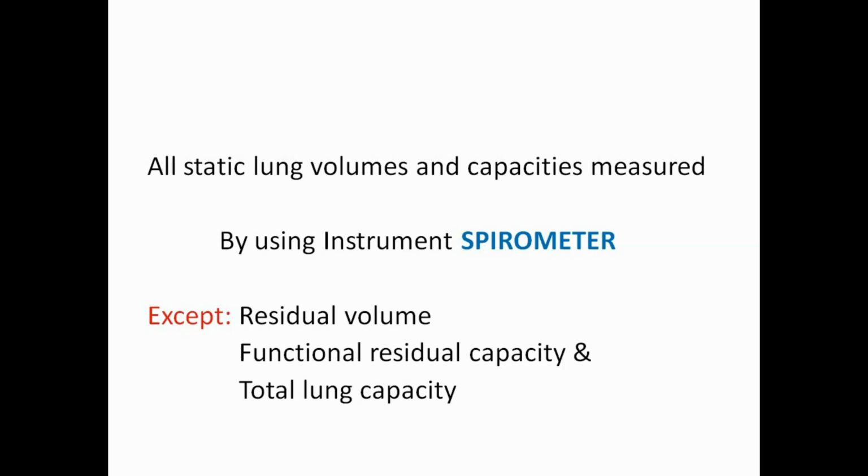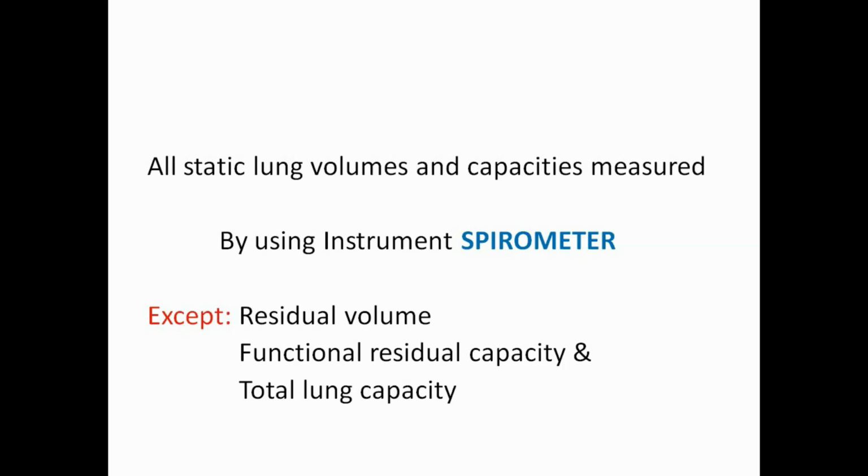Spirometer cannot measure the residual volume because, as we have said earlier, residual volume is always present inside the lungs. Even with forceful expiration, residual volume cannot move out from the lungs into the environment. That is why spirometer cannot measure this residual volume. Now, why can this spirometer not measure the functional residual capacity and total lung capacity, and why is it measuring only the inspiratory capacity and the vital capacity?